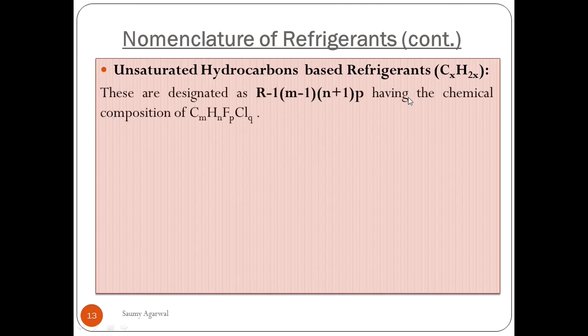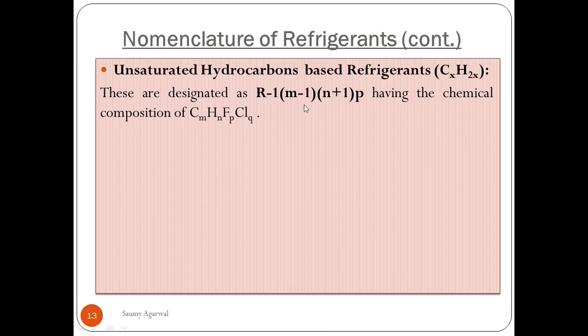These refrigerants are designated as R1, m-1, n plus 1, p, having the chemical composition of CmHnFpClq. The point to be remembered is that the designation of unsaturated hydrocarbons always starts with 1.